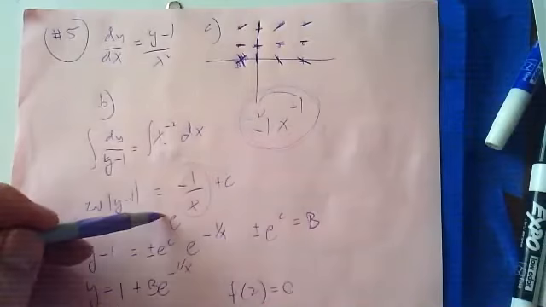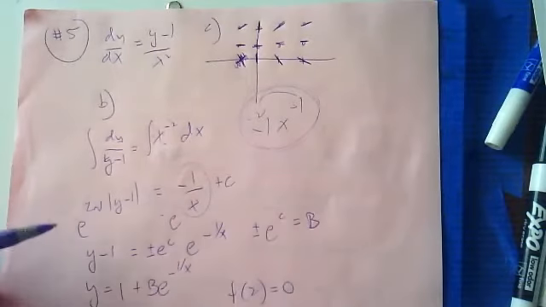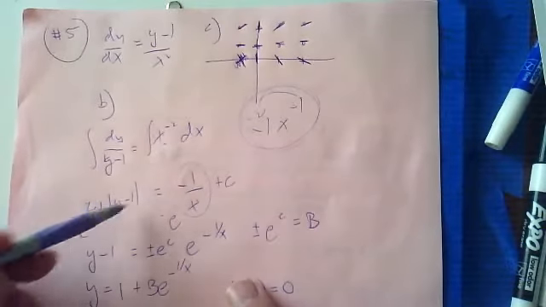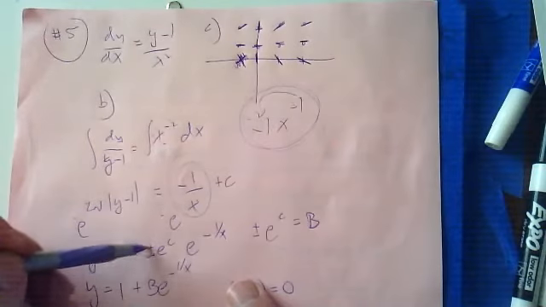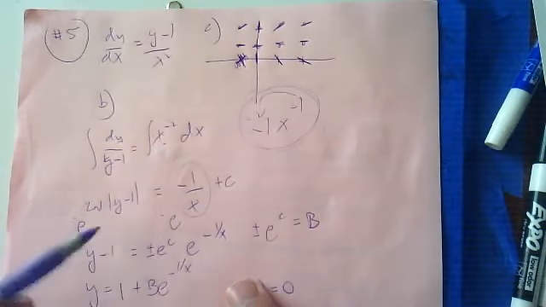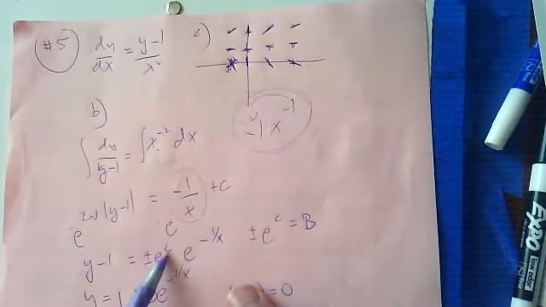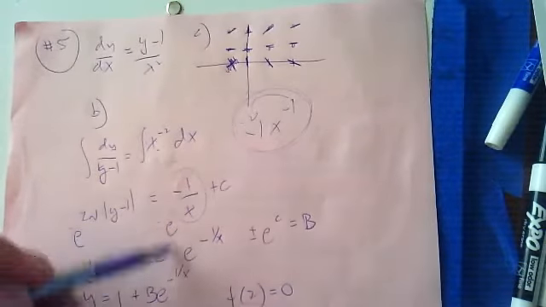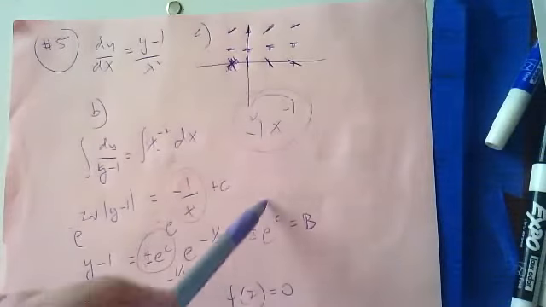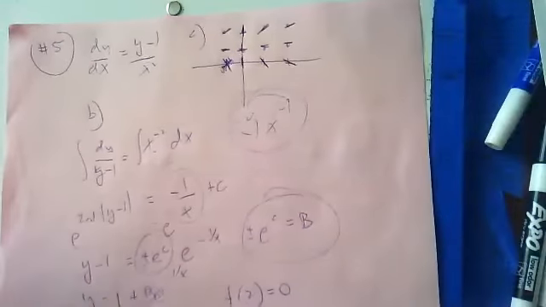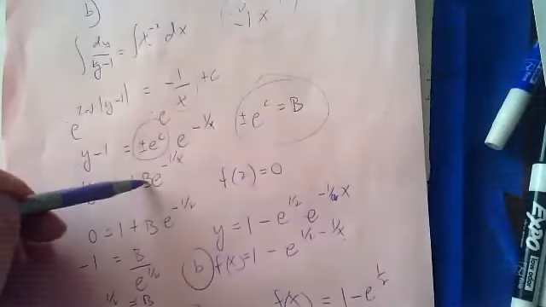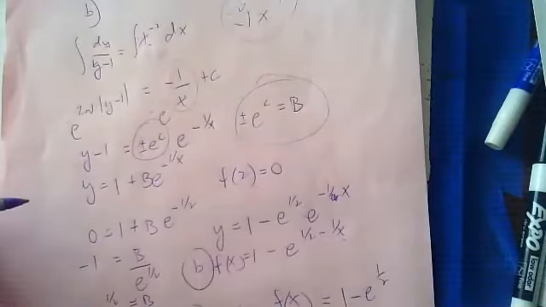I exponentiate both sides. I got rid of the absolute value and brought in that plus minus. I also did that little algebra thing where I pulled the e to the c into its own, and I called plus and minus e to the c equal to b. And so now I have y equals 1 plus b e to the minus 1 over x. I use the initial condition.